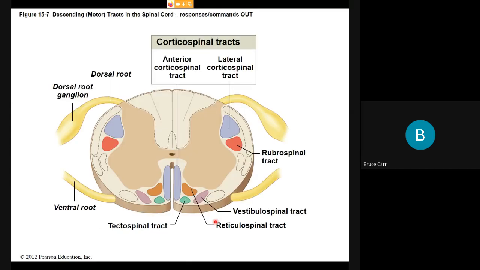Now, the descending tracts, so the sensory tracts, which I've just given you a few examples of, go up to the brain, are processed. Information processing is going to send those messages back down the spinal column through so-called motor tracts. These are the efferent or descending tracts.